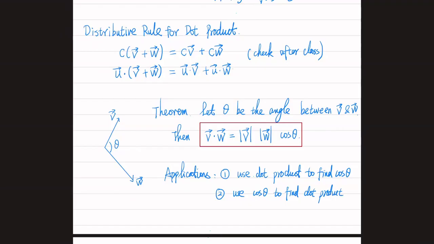It depends on what we know. We will prove this after the break, but let's first have some examples.